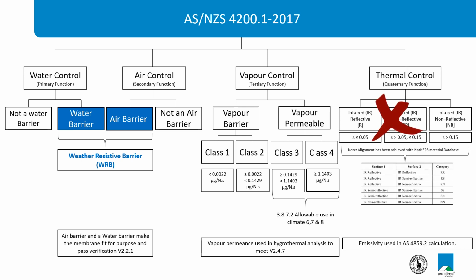The other consideration under AS/NZS 4201 is thermal control using reflective layers. But in the context of passive house or in the context of any building, aluminium should not be used, as it runs a high risk of trapping moisture or creating high humidity behind those aluminium foil layers.